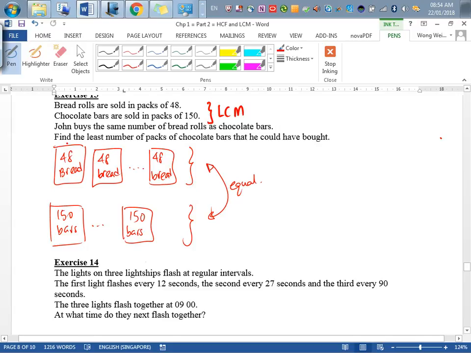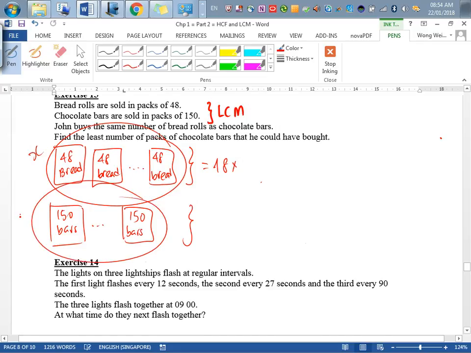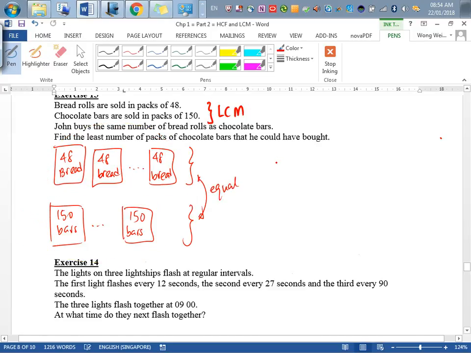Let's say there are X number of packets of bread and Y number of packets of chocolate. 48 times X, and 150 times Y, and these two values are equal. So a multiple of 48 is equal to a multiple of 150. In other words, they want the LCM.